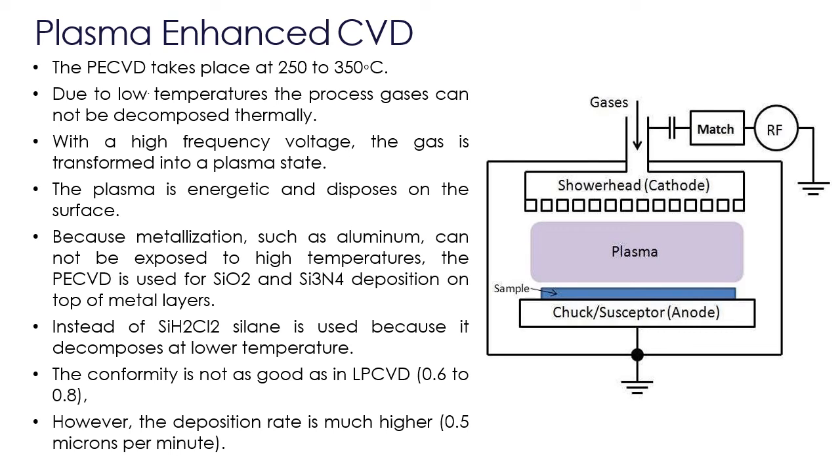Instead of the silane gas mentioned previously for the atmospheric process, here SiH2Cl2 is used because it can be decomposed at lower temperature. In PE-CVD, the conformity is less than LP-CVD, around 0.6 to 0.8, but the deposition rate is much higher, around 0.5 micron per minute.